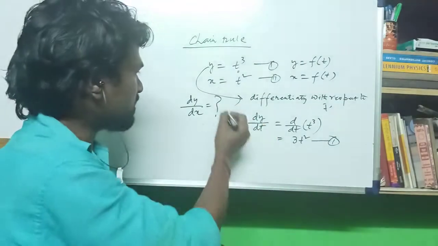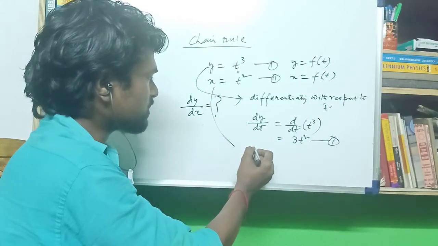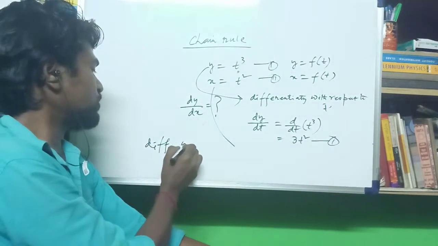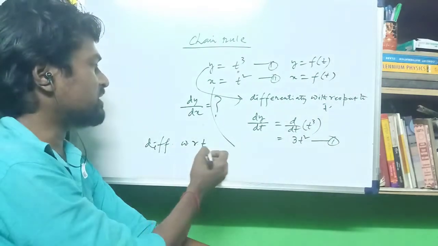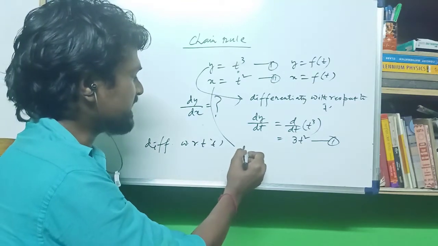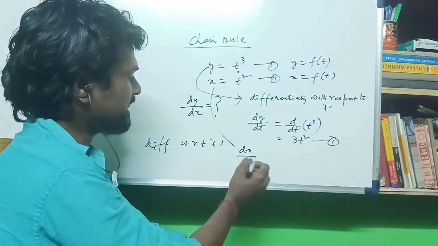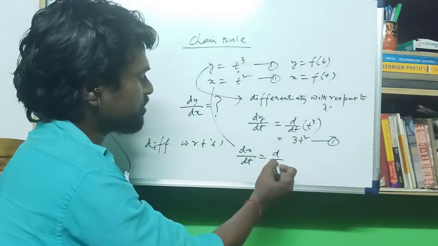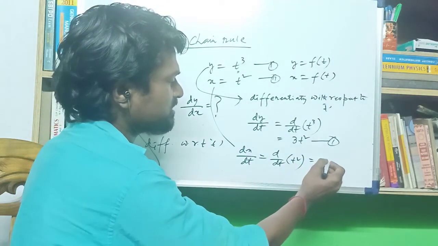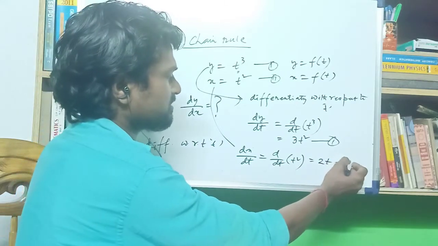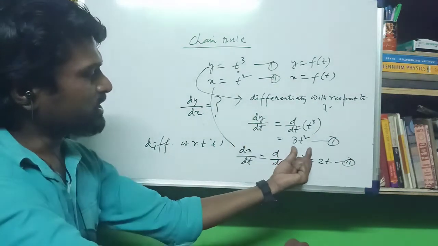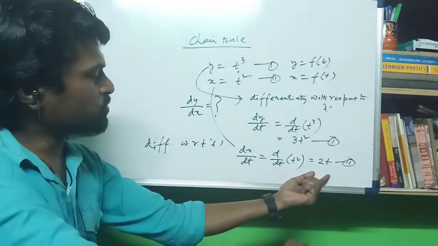And the second one is x, differentiating with respect to t: dx by dt equal to d/dt of t square, so this is 2t. So dy by dt equal to 3t square and dx by dt equal to 2t.